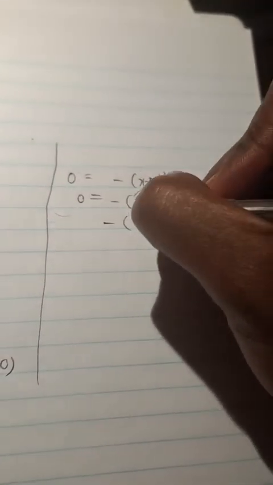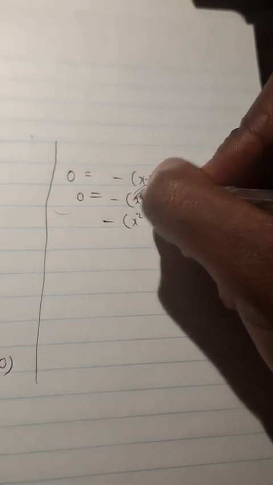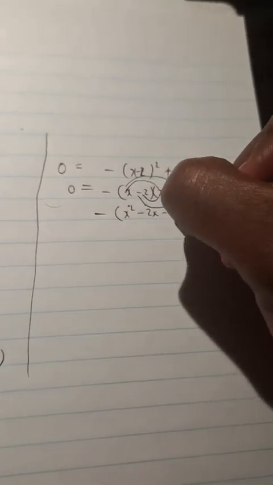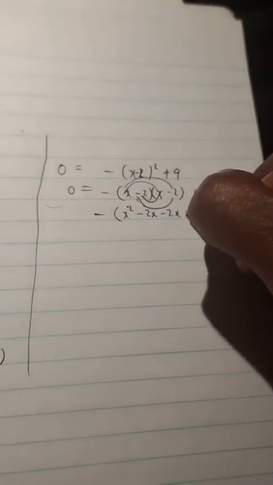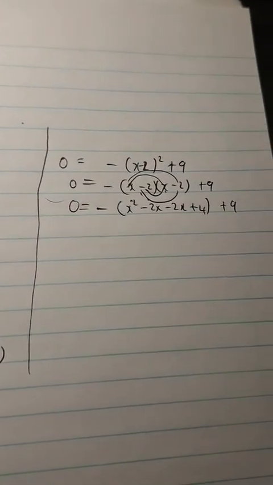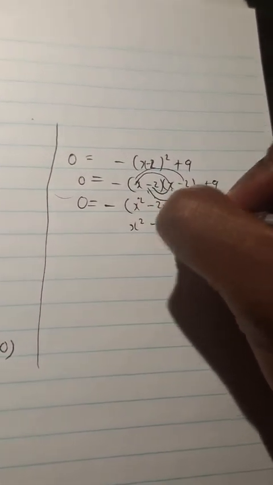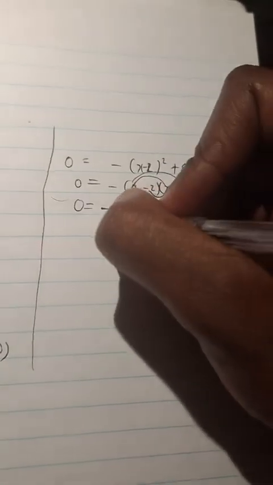So they say negative, they have x squared, x times x is x squared, x times minus 2 is negative 2x, minus 2 times x is also negative 2x, and then negative 2 times negative 2 gives you positive 4, and then they write the plus 9 outside. I mean, that would have been also fine. Then you add the like terms inside the bracket. It's x squared minus 4x plus 4. Okay.